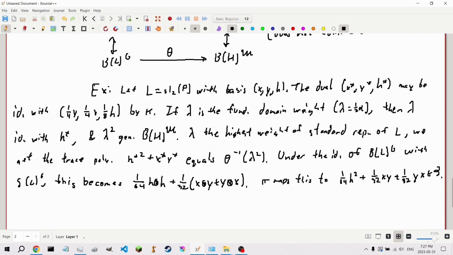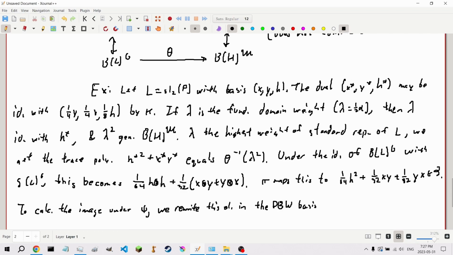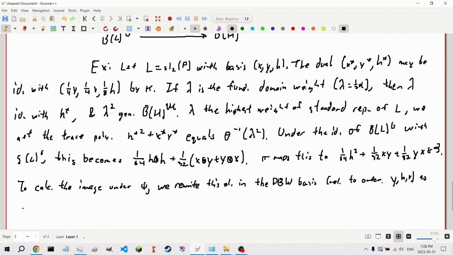Now, to calculate the image under our C, we rewrite this element in the Poincare-Birkhoff-Witt basis relative to the ordering y, h, x as 1/64th h squared plus 1/32nd yx.